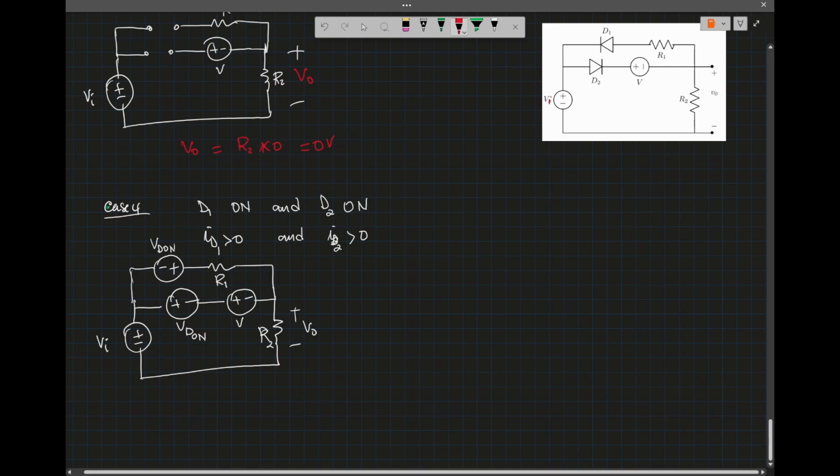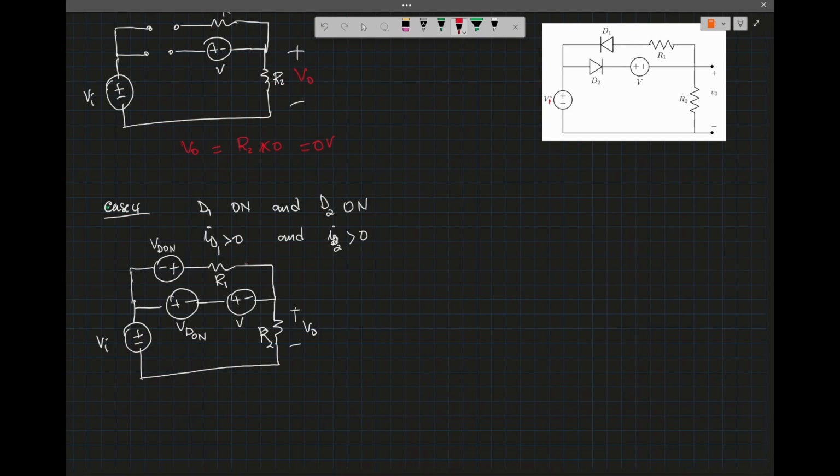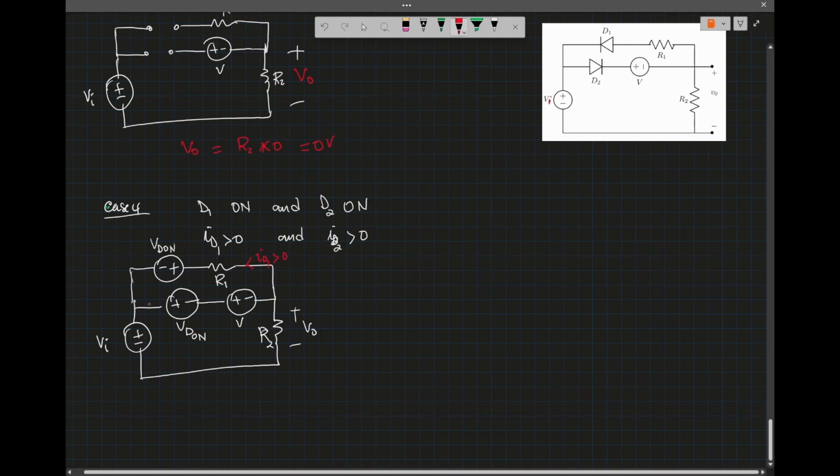So the current ID1 is positive, and this is ID2.